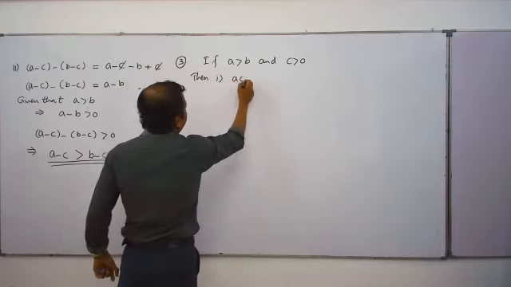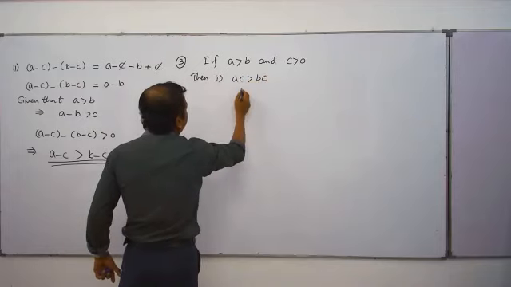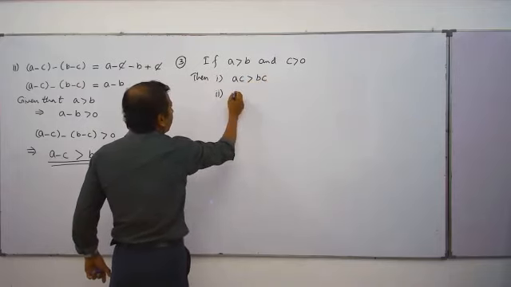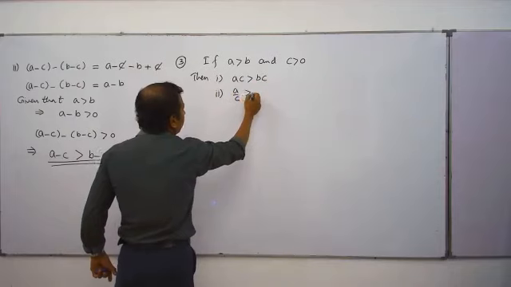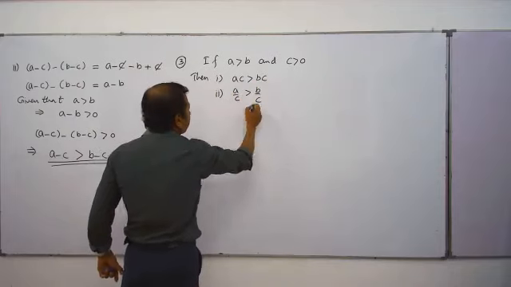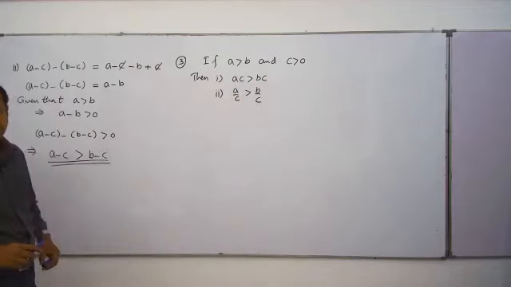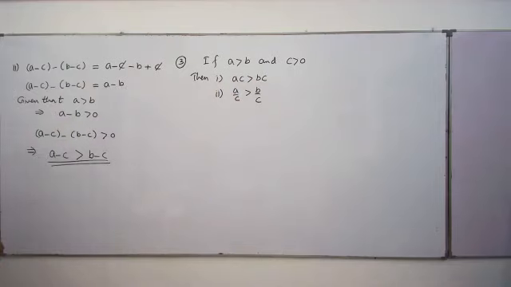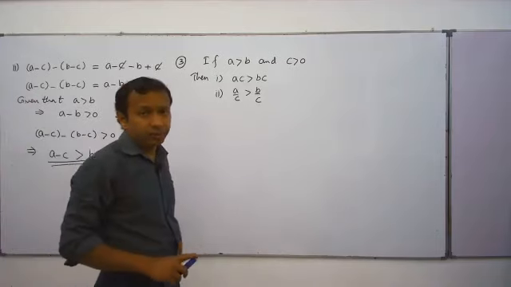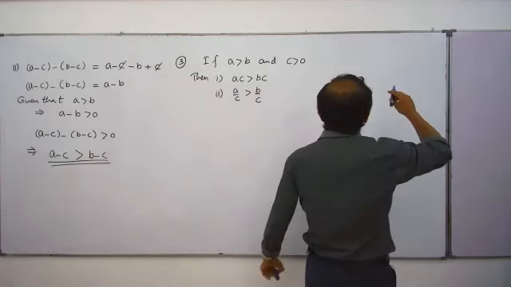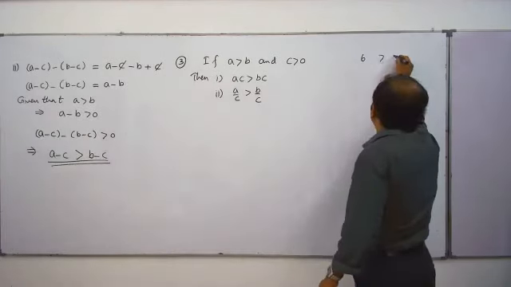Number 1, AC greater than BC. Number 2, A divided by C greater than B divided by C. What is this result, people? Suppose we have 6 greater than 2.